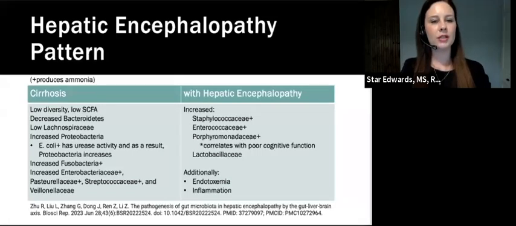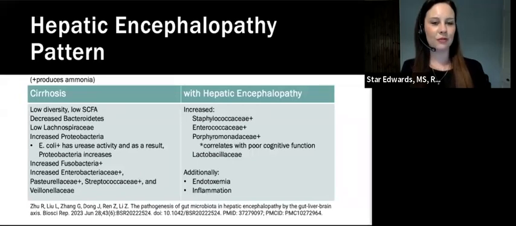And then when we progress to hepatic encephalopathy, we also have increased Staphylococcus, Porphyromonas, and actually in the research, when there is Porphyromonas, it correlates with poor cognitive function. In addition to all this, we find elevated endotoxemia and inflammation, so more LPS. And also with hepatic encephalopathy, there's increased Lactobacillus.